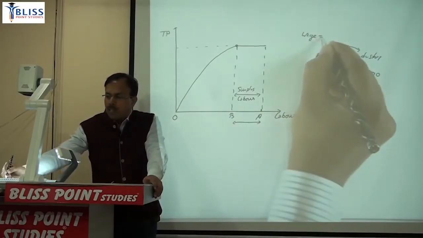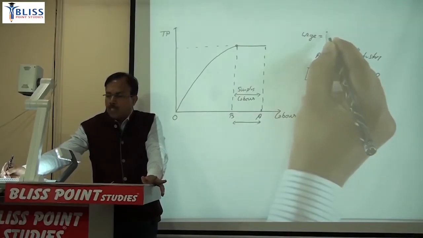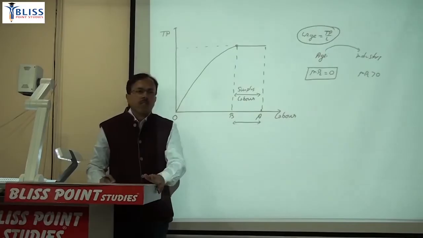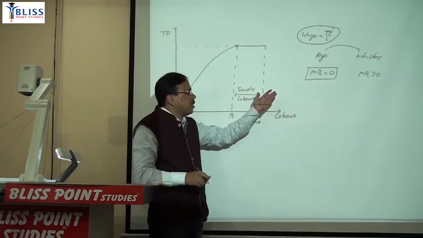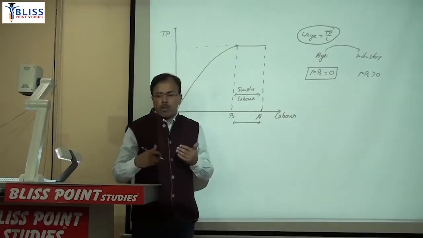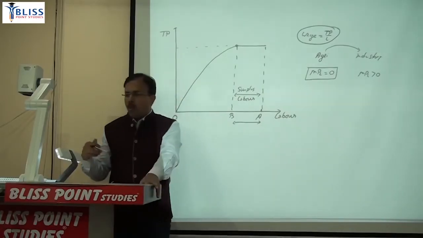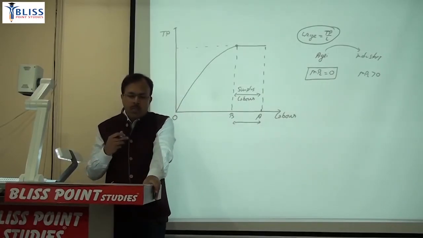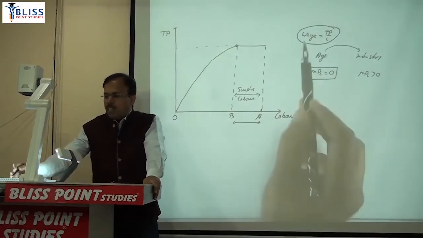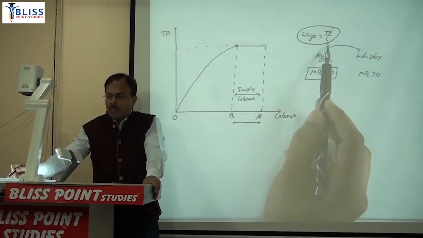Workers are paid wage according to average product, which is total product divided by labor. You can say marginal product is 0, then wage should be 0. But that argument will hold only when we assume that the objective of hiring labor is to maximize profit. But when it is a traditional form of organization, then wages are paid according to the average productivity.